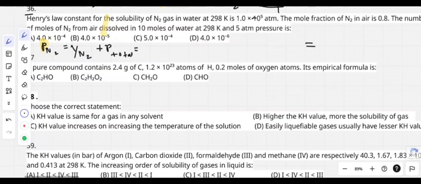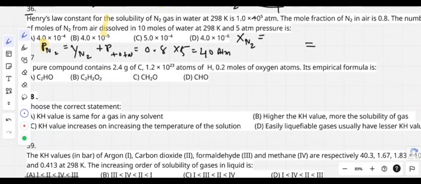So it is equal to 0.8 into 5, that is, 8 fives are 40, which gives 4 atmospheric pressure.